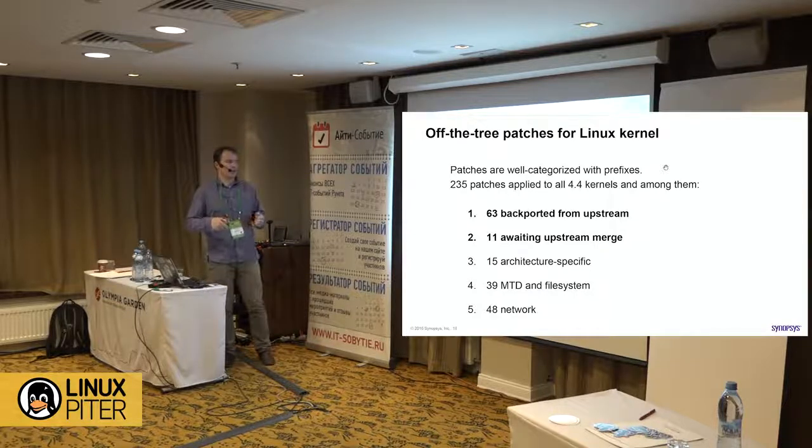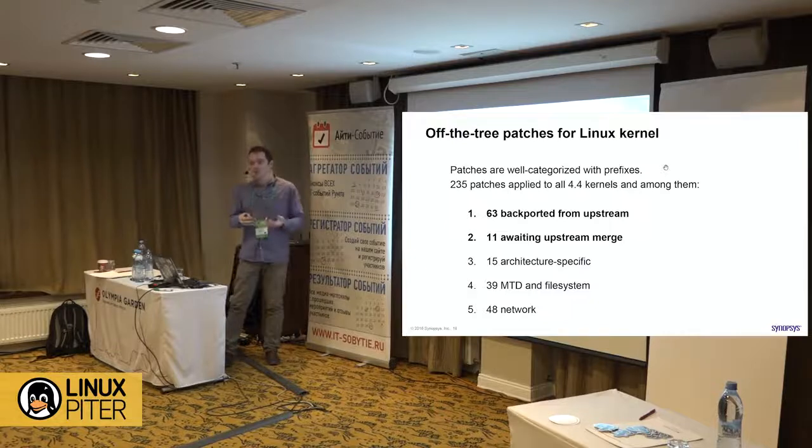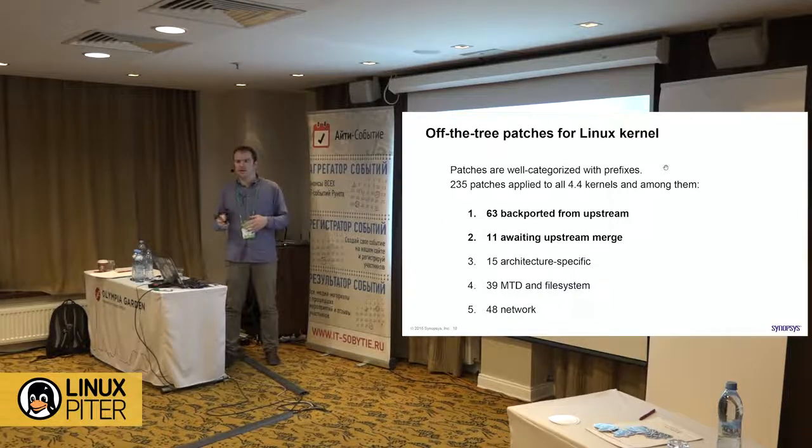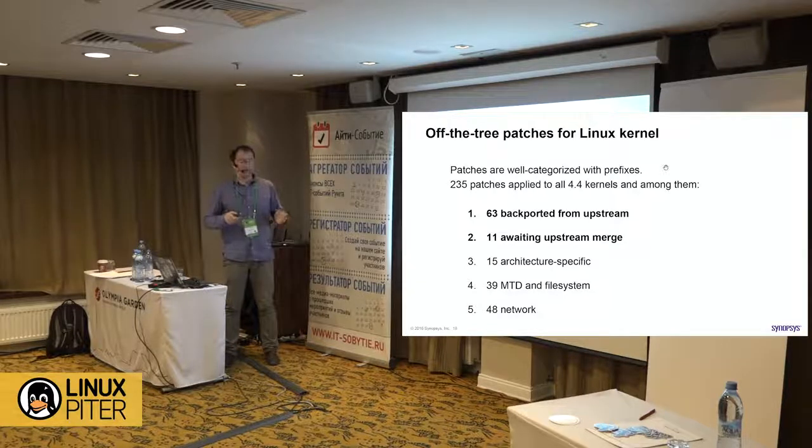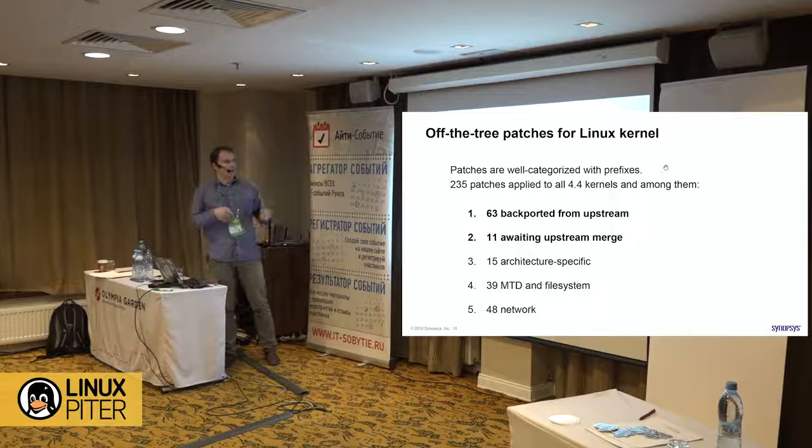And what we also see is 11 patches awaiting upstream, because we sometimes want patches to be here earlier compared to when it gets to the stable branch. And so inevitably we see a couple of patches for different architectures, and we see these 15 patches, that's not that many, for the storage subsystem and drivers, and also some for networking.